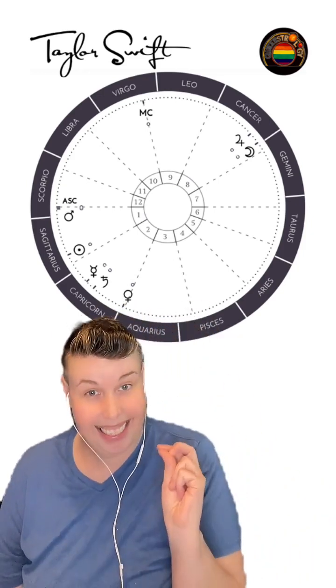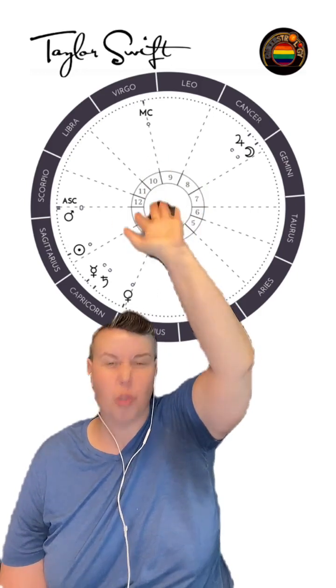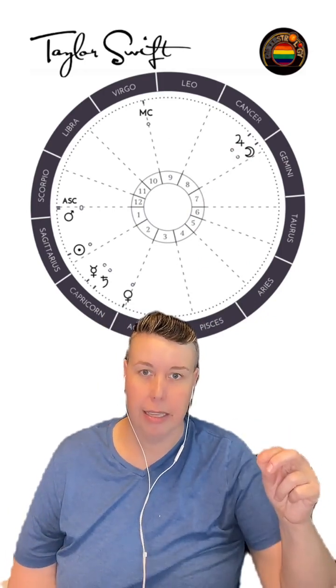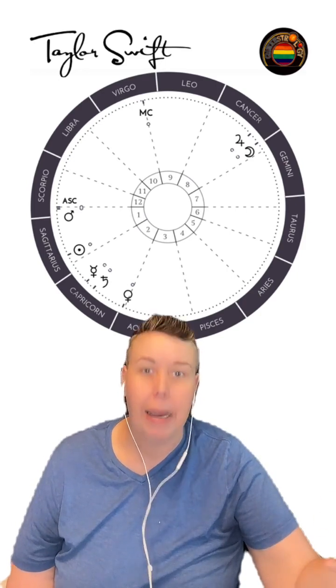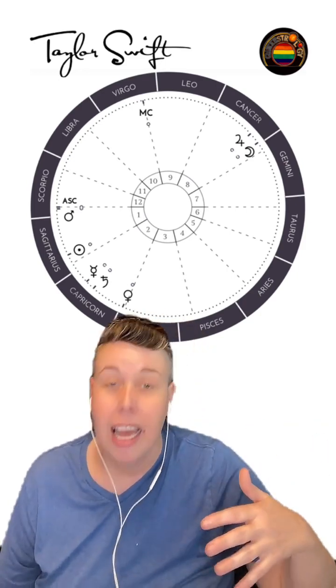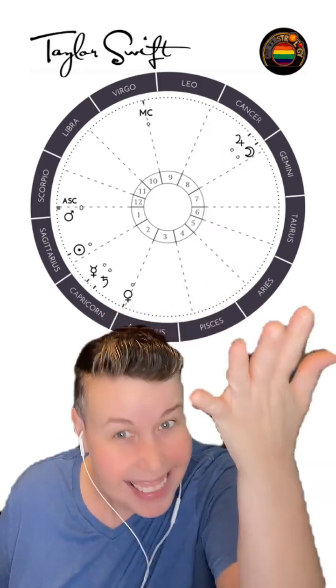And in this case, it is the house of experience, philosophy, adventure, travel, all of that. So she's looking for adoration through these experiences. She's seeking how to gain adoration from other people by obtaining different experiences and philosophies and educating herself. And she's going to use that to gain adoration.